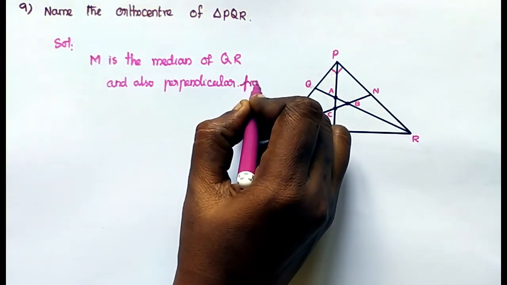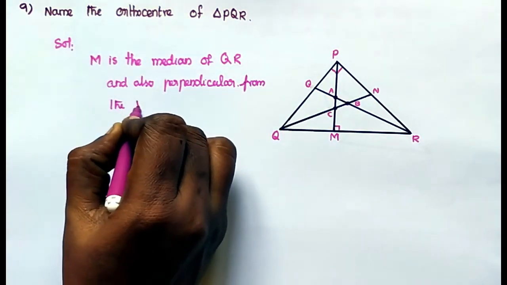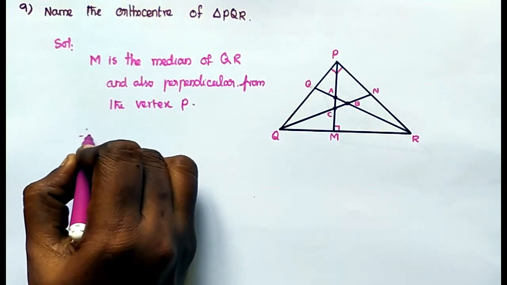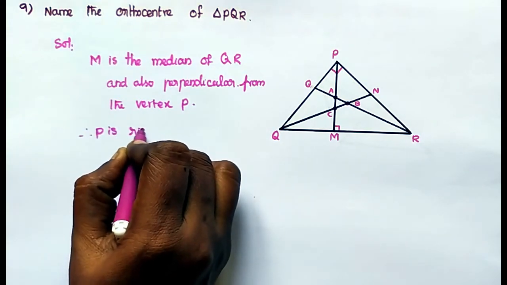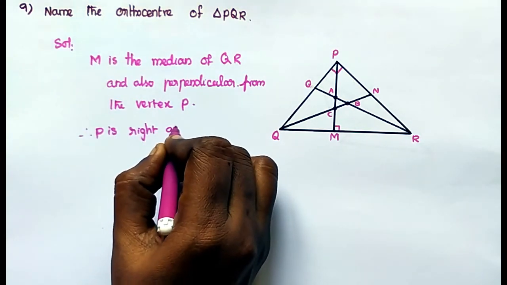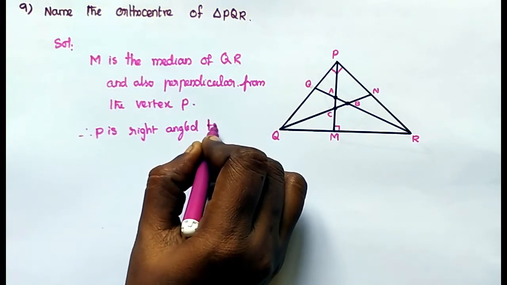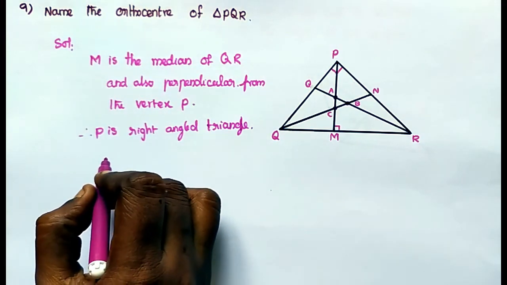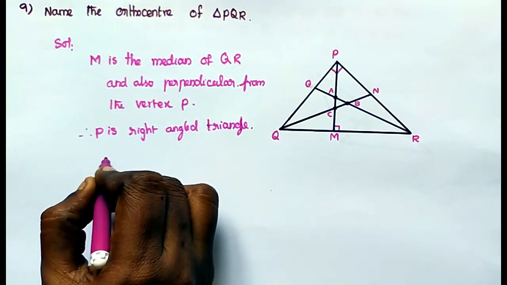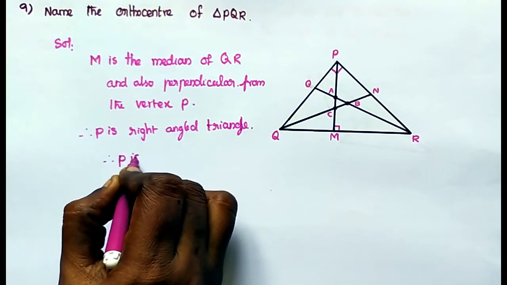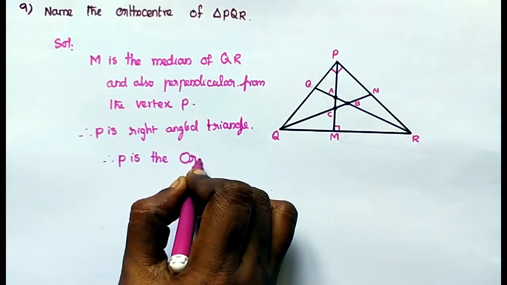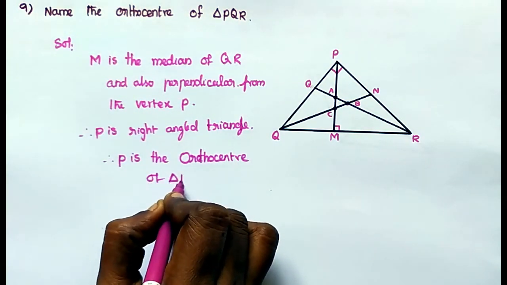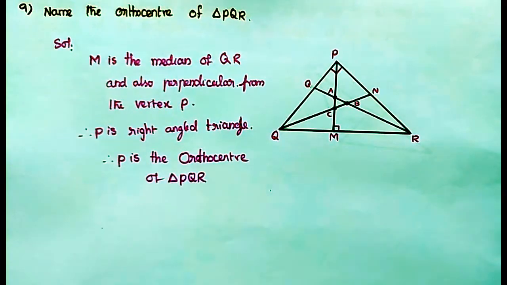Perpendicular from the vertex P. Therefore, P is right angled triangle. Therefore P is the orthocenter of triangle PQR. That is the answer.